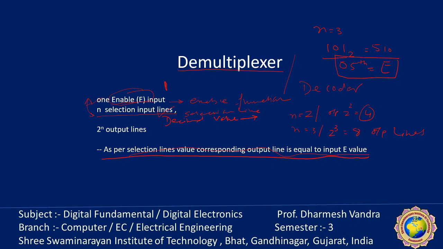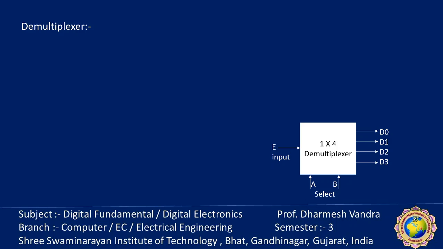A decoder with enable input can function as a demultiplexer. Remember that. So let's see the circuit. This is the block diagram, or we can say the pictorial view or IC diagram of the demultiplexer, and it is always defined as 1 by 2 raised to n, where n is the number of selection lines.